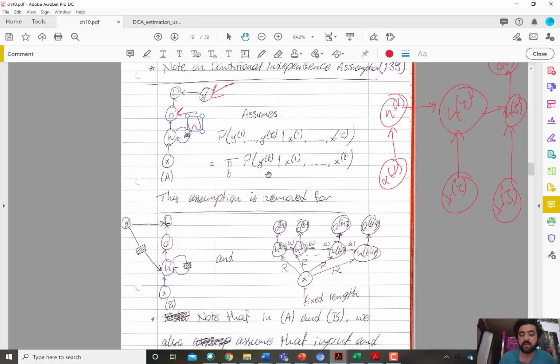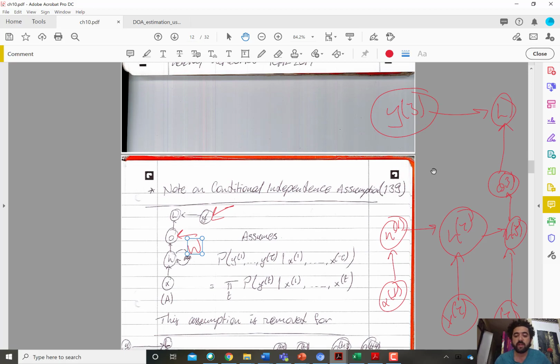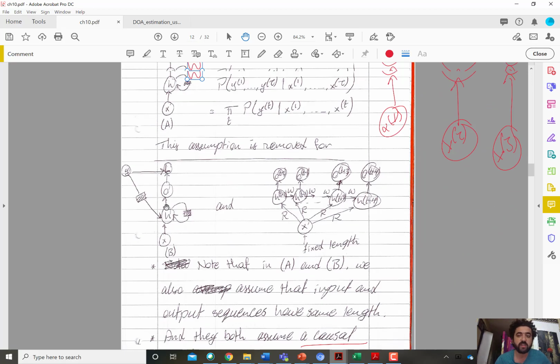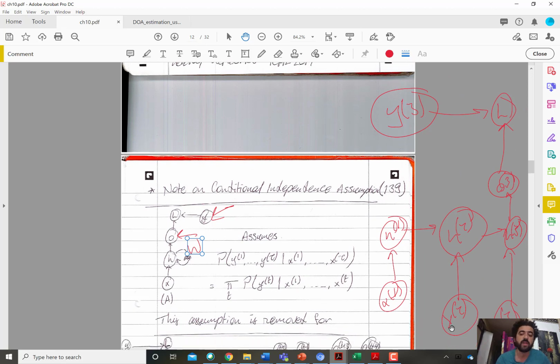The causality assumption is still there, but the conditional independence assumption is removed by this connection, meaning that in order to estimate y of 3, in this case, if I add this connection, then I would need to know the values of y of 2, even given x1, x2, and x3. I still need to know the values of y of 2 and y of 1.